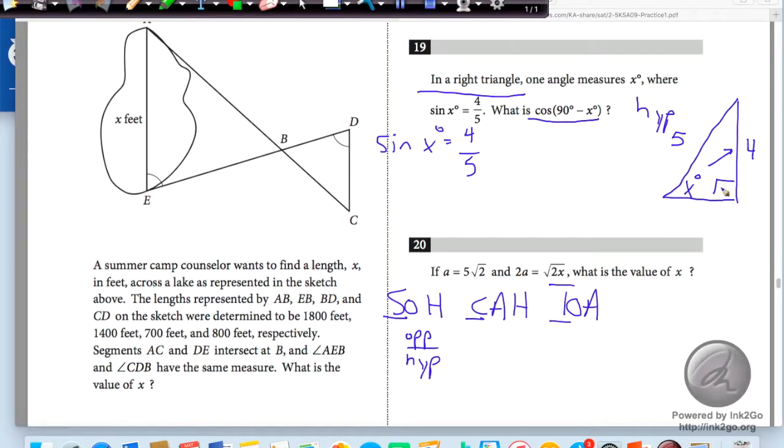I also know that this is the 90-degree angle and that this is the angle x. I don't know what this last angle is. Let's just call this C because it's referring to cosine anyway. So angle C we don't know yet. And what we do know is that in every triangle, you have 180 degrees.